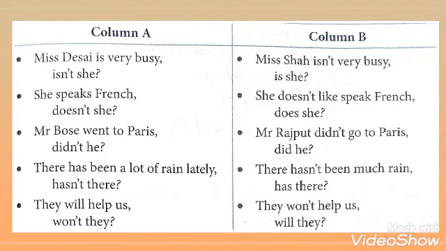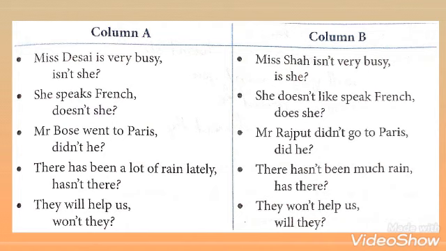"Mrs. Shah isn't very busy" is a negative statement and it is followed by a positive question tag, is she? Next one: She speaks French, doesn't she? "She speaks French" is a positive statement with a negative question tag, doesn't she. "She doesn't speak French" is a negative statement with a positive question tag, does she.